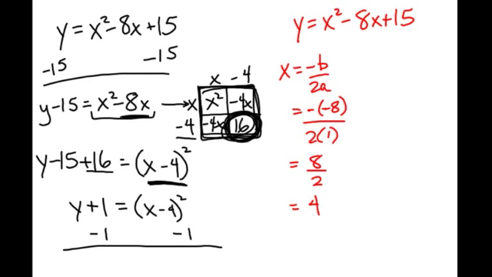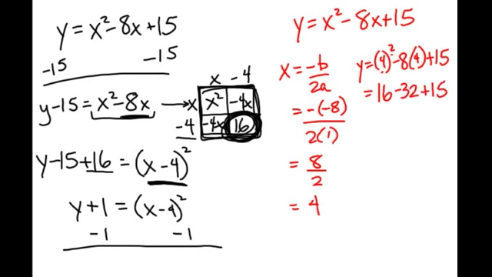And then I'll plug that into my equation. 4 squared is 16 minus 32 plus 15. 16 minus 32, negative 16 plus 15. Negative 16 plus 15 is negative 1. All right, looking good because I have the same vertex as what I got last time.